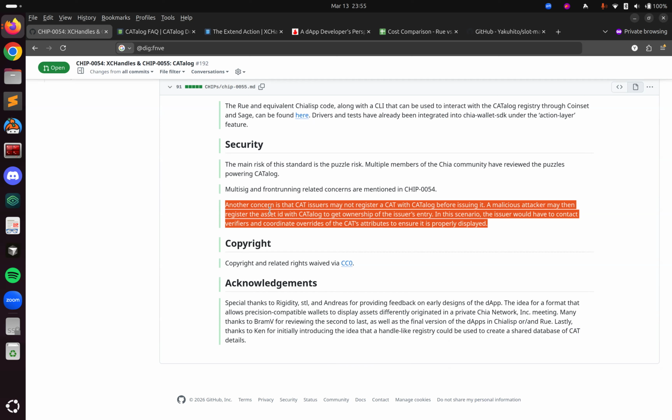So the way this model prevents this is by having the verifiers agree to override the cat asset IDs. So if you're the real cat issuer and you don't want to reissue for some reason, there's always the option to reissue. But if you maybe already distributed your token and put it in a contract or something that prevents you to reissue it, you can just go to the verifiers that are active at the moment and tell them, hey, can you please overwrite all the details of my token with my real details?